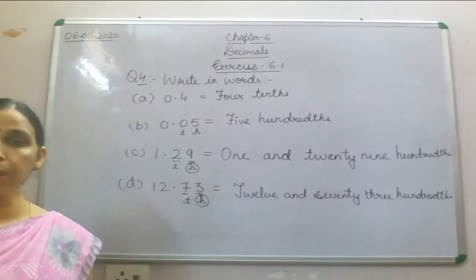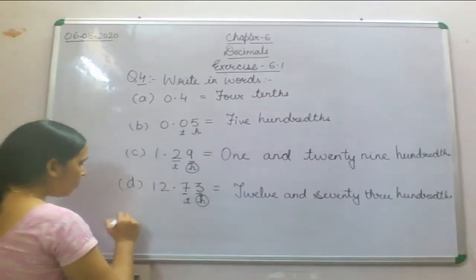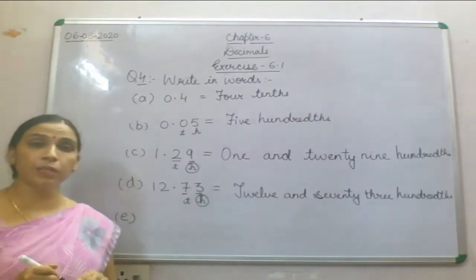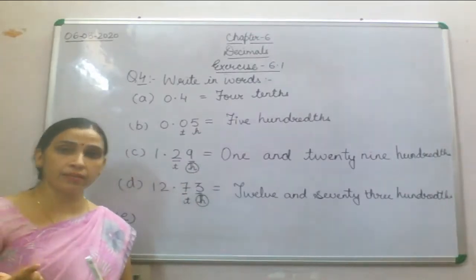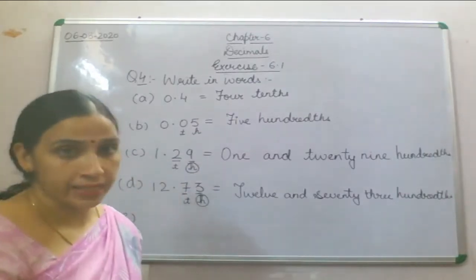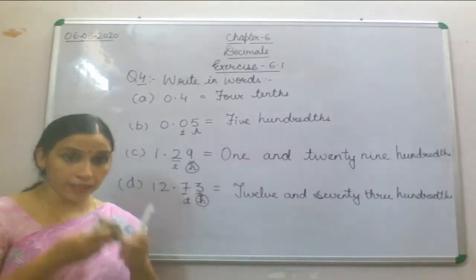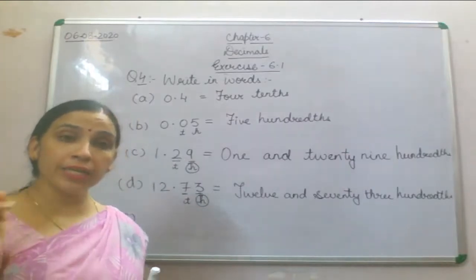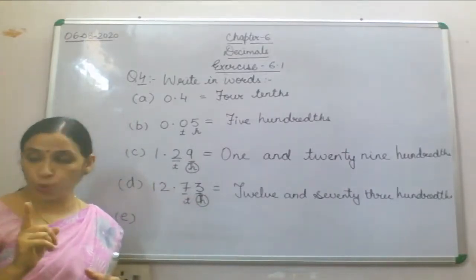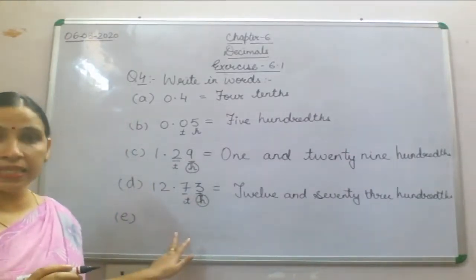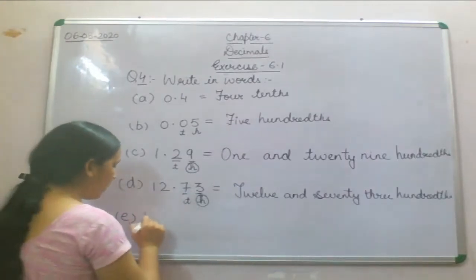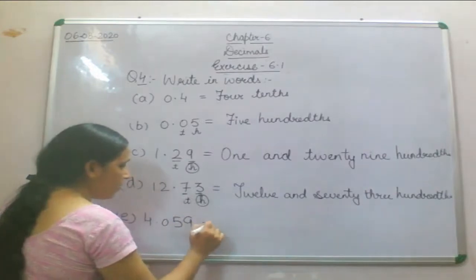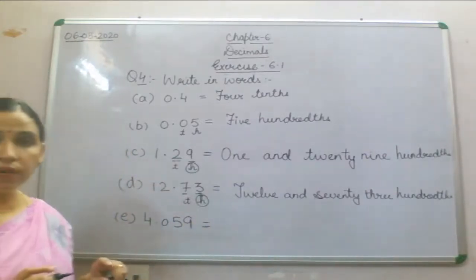Now we have the E part. Now the question is, if you have a thousandths place after the decimal, are you going to take that thousandths place only? Yes, the answer is yes. If you have been given the thousandths place, then you are going to take that thousandths place only. So let's see in this E part, that is 4.059.